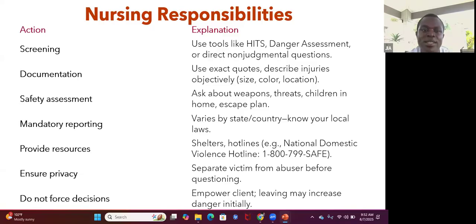You see the action and the explanation here. The first one says screening. We should use tools like HITS. H is: were you hurt, hit? I is: were you insulted?